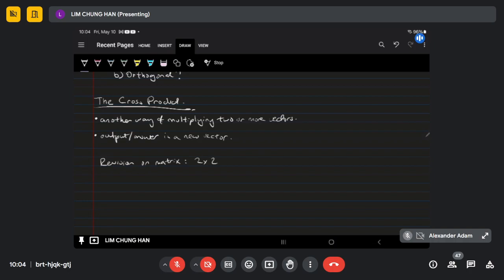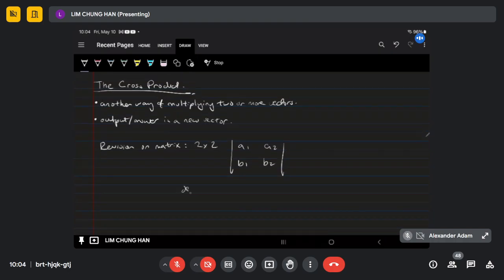If, let's say, you have a 2 by 2 matrix A1, A2, B1, B2, how do you find the determinant of this matrix?